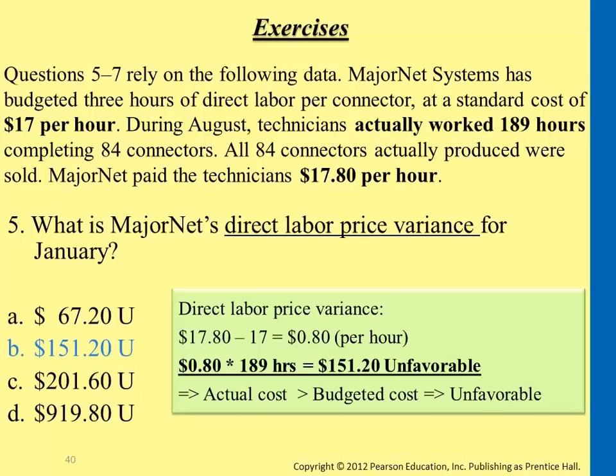So we find the differences between the original budgeted wage and then also the actual wage that we paid out. So each hour we spend an additional 80 cents, and then in total the workers worked in full 189 hours. So 189 times 80 cents, that will give you an unfavorable cost since we spend more. Specifically only looking at the differences between wage rate.